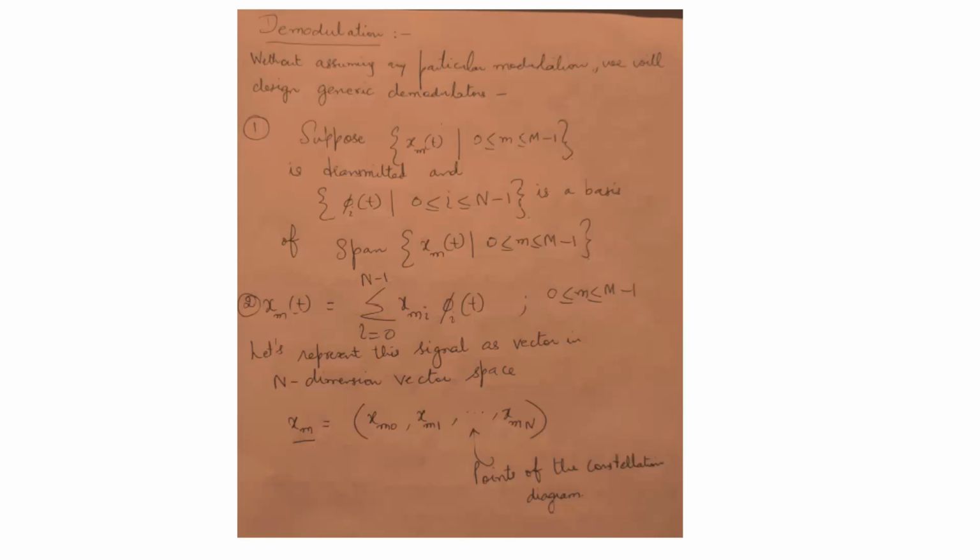So it can be either pulse amplitude modulation, or phase shift keying, quadrature amplitude modulation, or frequency shift keying. So the receiver that I will design here will be independent of the type of modulation scheme, right? In that way, I will design a generic kind of receiver.